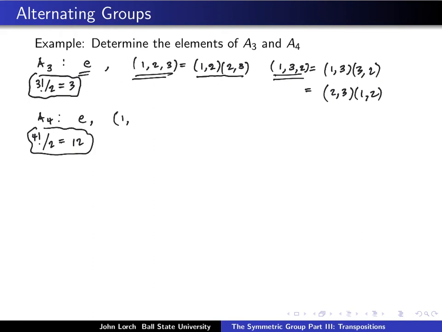So we could take (1 2 3). That's a perfectly good 3-cycle, which is an even permutation. And we could take its inverse, (1 3 2). And then we could take (1 2 4), and its inverse, (1 4 2).